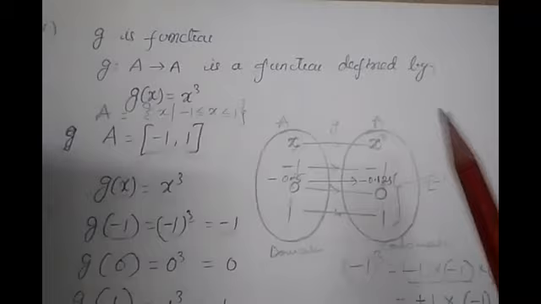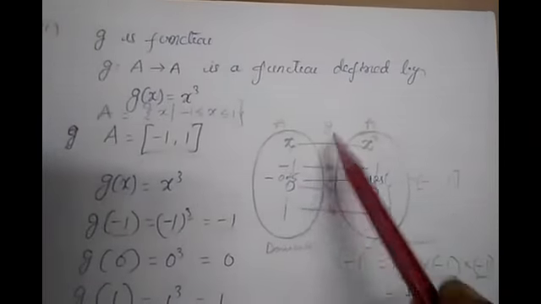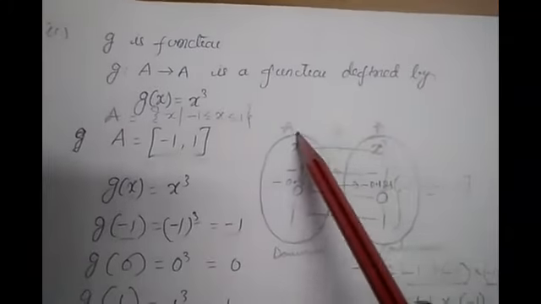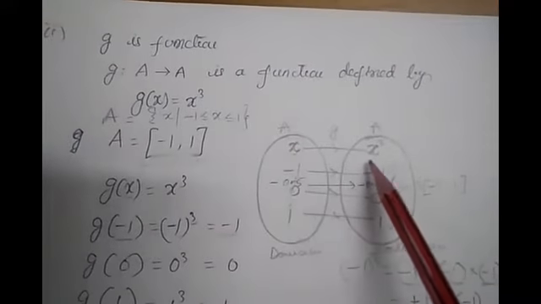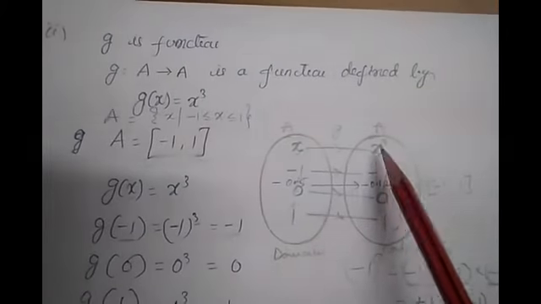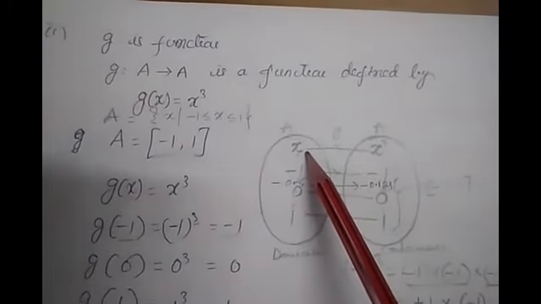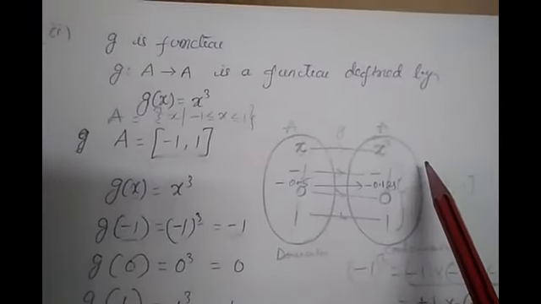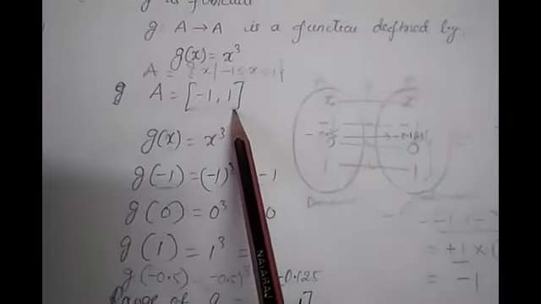Now let us see the pictorial representation of the function. g is a function from A to A, g of x is equal to x cube. So the image of x is x cube. If you give any input, it cubes that input value and gives the output. Let us take some elements in this interval.